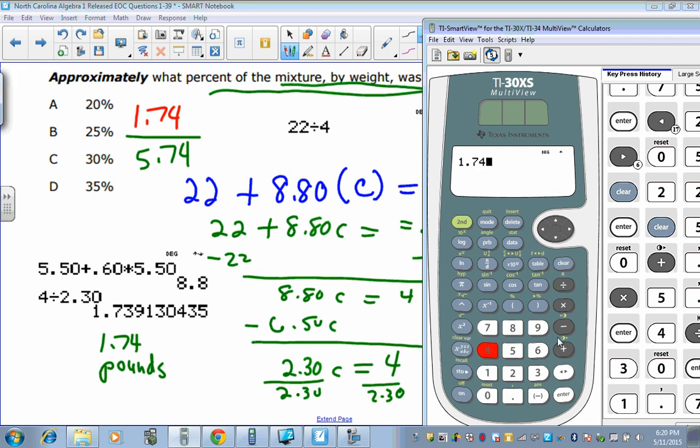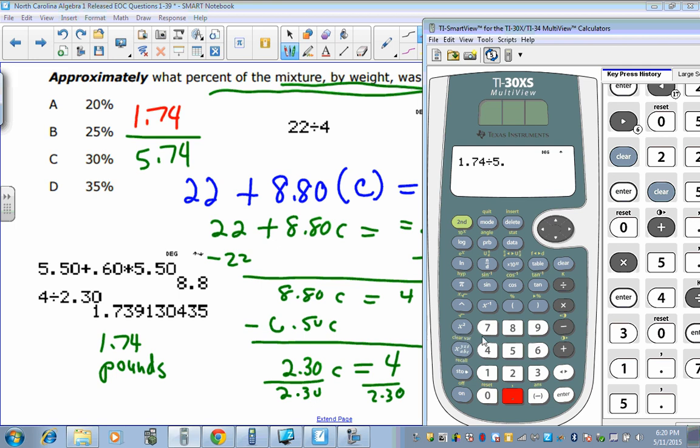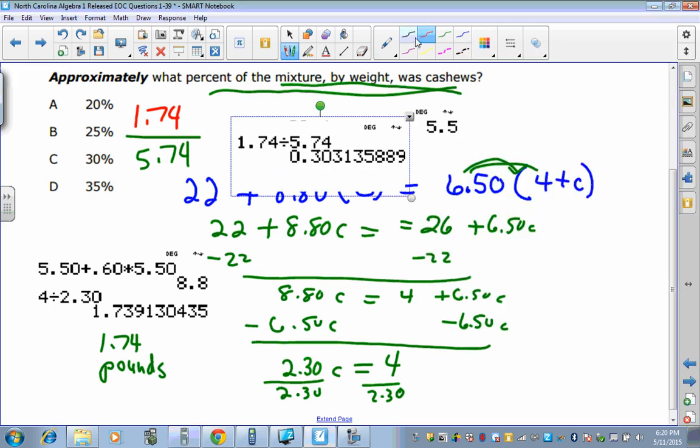These are problems on steroids. I don't look for you to have anything this involved on your EOC. It won't be an easy test, but it won't have this many steps to it. Okay, and you see you get this answer here, and the closest you come to is 30%. Because you know to change a decimal to a percent, you move it 2 places.